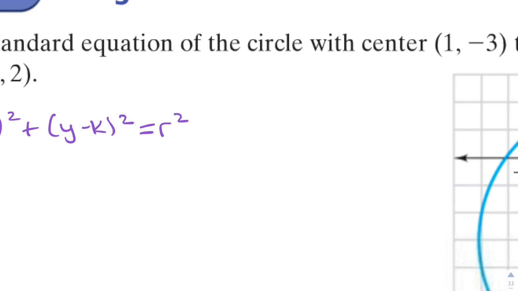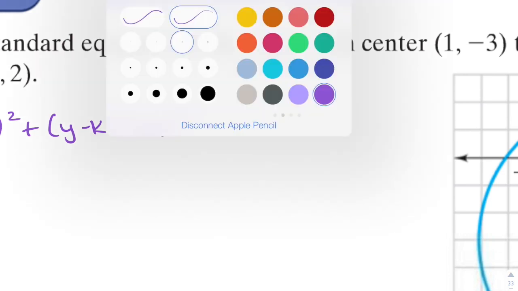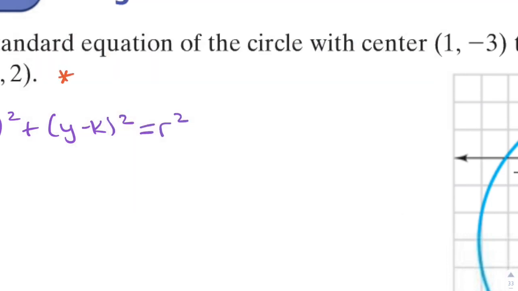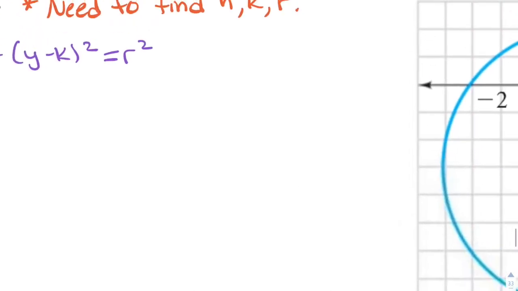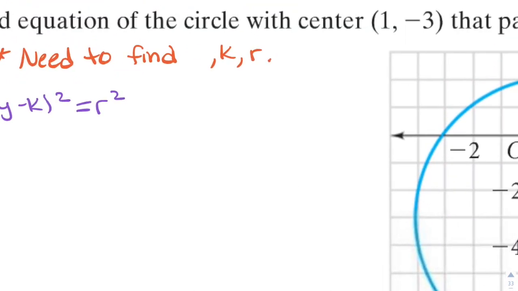I need to find an h, a k, and an r. I don't need x and y. I just need h, k, and r. But unfortunately, this problem only gave me h and k. It didn't give me any r.